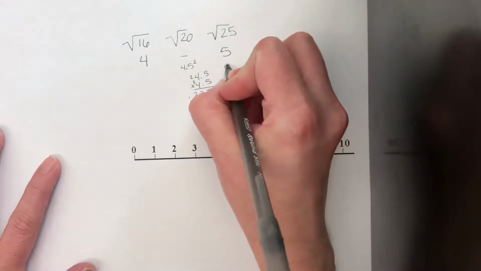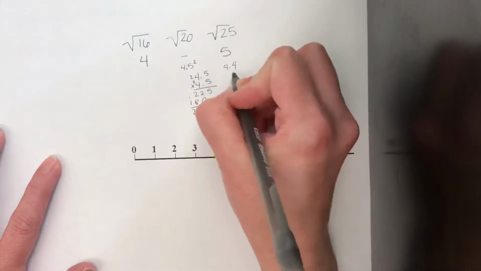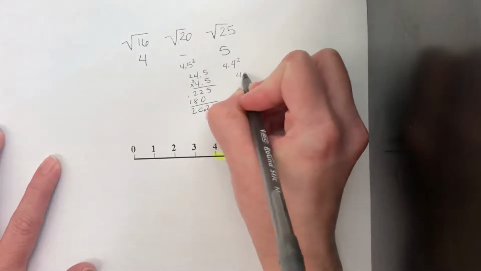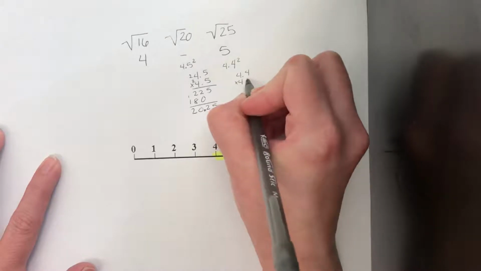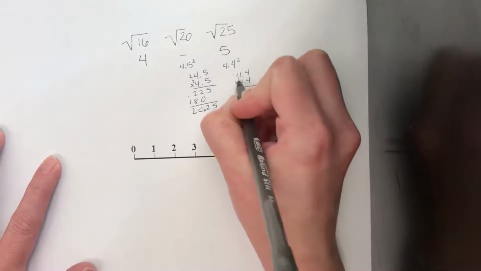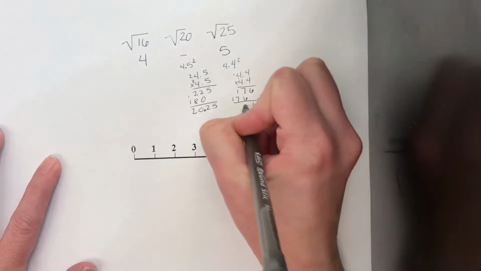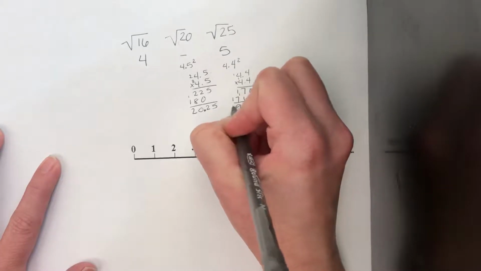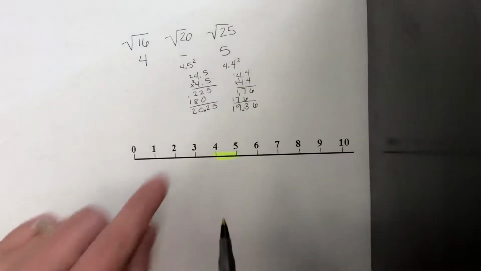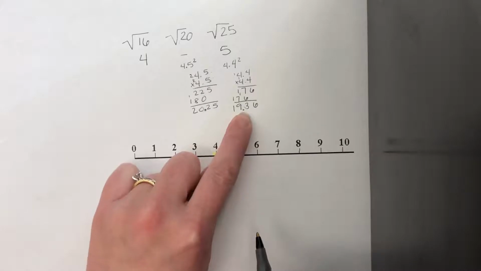Well, that's actually pretty close to 20. Let me see if I go down one. So what if I do 4.4 squared? So 4.4 times 4.4. Two numbers behind the decimal. That's 19.36.